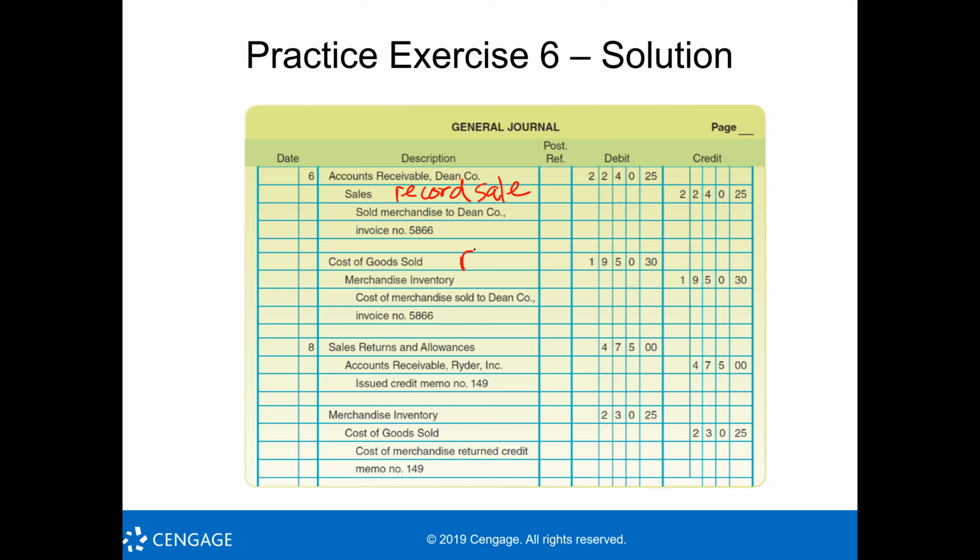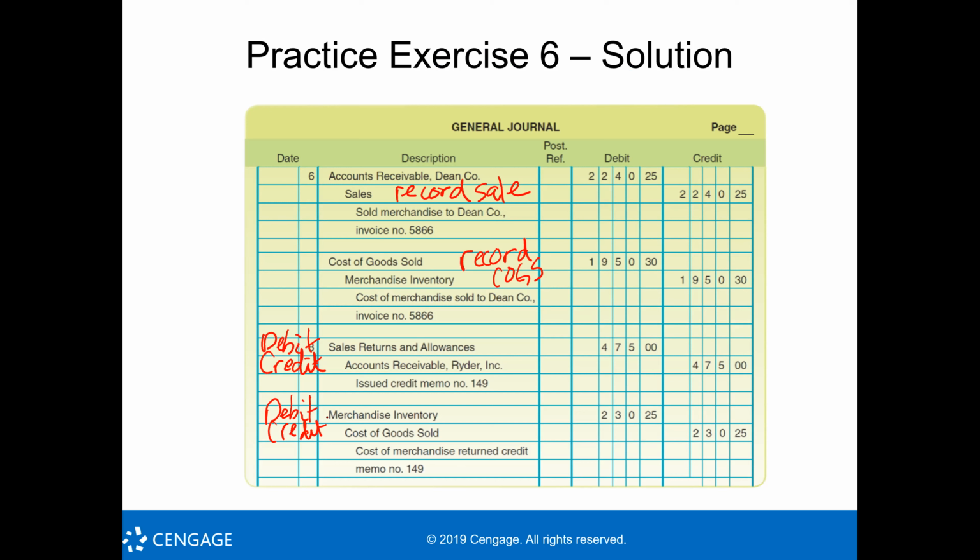This one is to record cost of goods sold and take it away from inventory, so debiting cost of goods sold, crediting merchandise inventory. And then when some of this merchandise is returned, we are debiting sales returns and allowances, credit accounts receivable. That takes the money off of what the customer owes. But now we've got to put it back into inventory. So then we've got the debit here to merchandise inventory, credit to cost of goods sold.